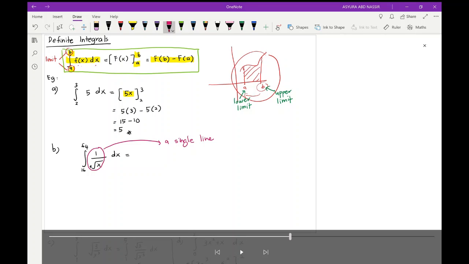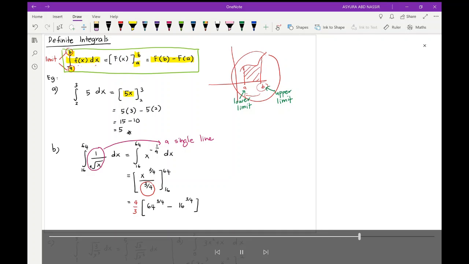When you modify, it will be the integration of x power negative 1 over 4 dx, and the limit is from 16 to 64. Next you will integrate, and you will get x power 3 over 4 over 3 over 4. The limit is still from 16 to 64, and then apply F(b) minus F(a), the upper limit minus the lower limit.